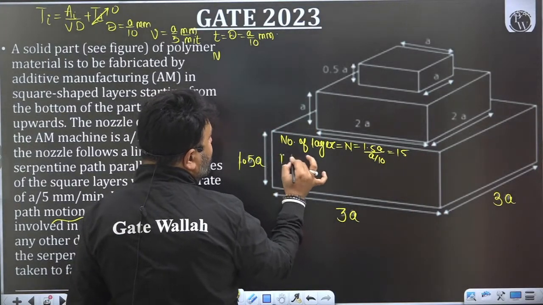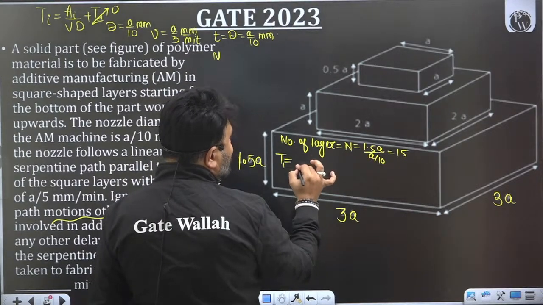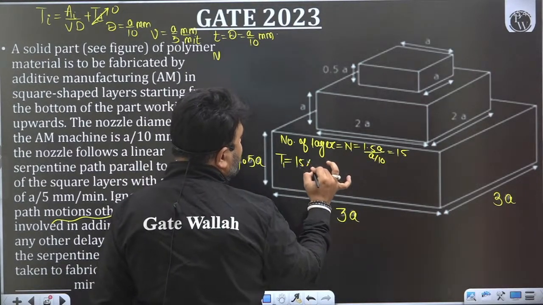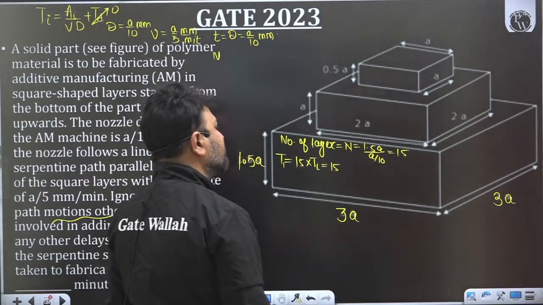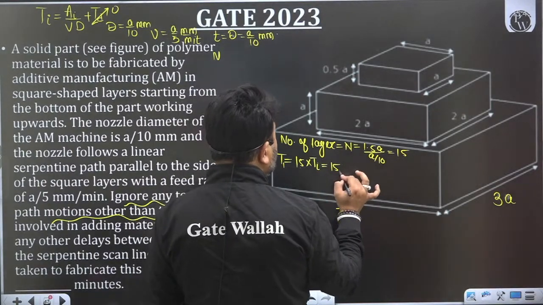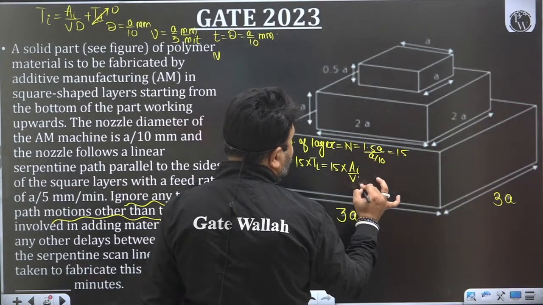The total time T1 for part 1 is 15 into Ti. Ti is Ai divided by V into d.